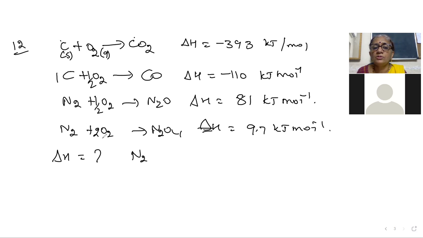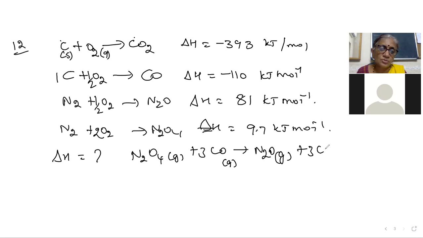Here you have to put 2O2, then only you will get N2O4. So the reaction: N2O4 gas plus 3CO, they react in a 1:3 mole ratio. Both are gases, and we produce N2O gas plus 3CO2 gas. Got it?